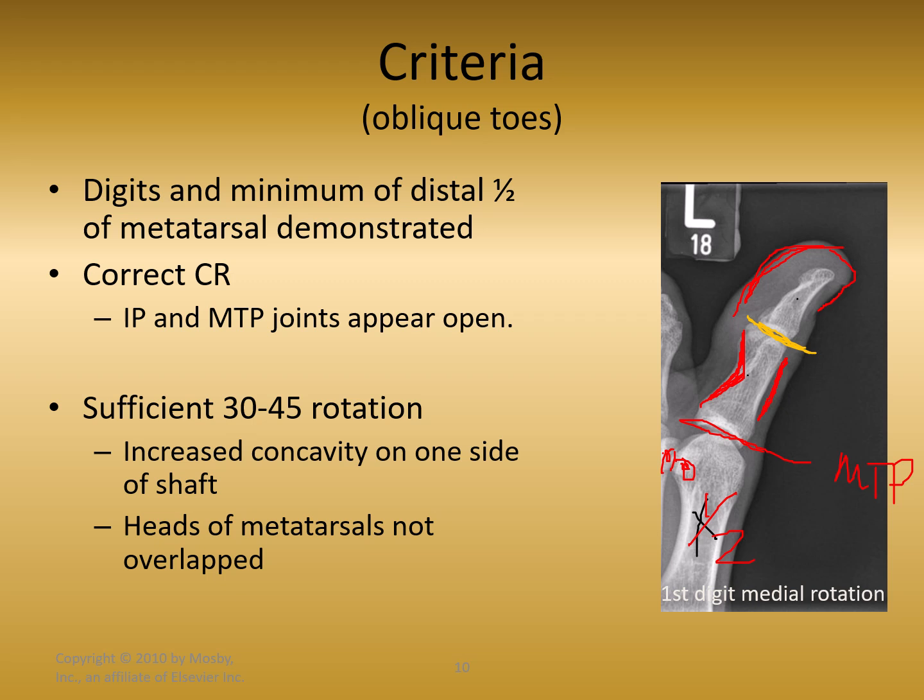For open joint spaces, since we are placing the part on the IR, we have to make sure that the part stays parallel to the IR so that those interphalangeal joints and metatarsophalangeal joints will be perpendicular to the IR, so that we can use a perpendicular central ray to slide right through those joint spaces and demonstrate them open with no superimposition by bone.